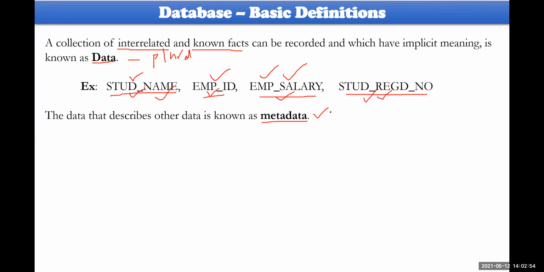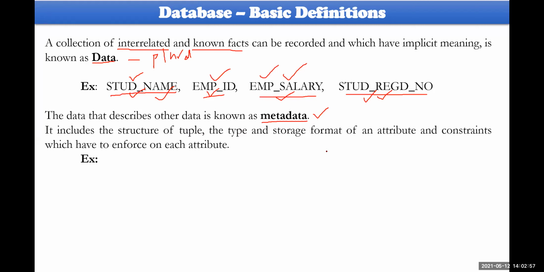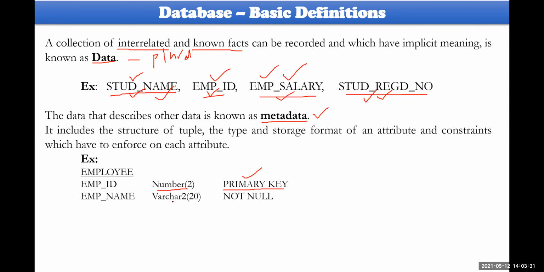For example, metadata will be seen something like this. Employee is actually our database name, and employee number. Look at this employee ID: it takes two numbers, say 02 or 99, and there is a constraint, a restriction imposed on that employee ID. We don't know what this primary key is as of now. We'll come to know about this primary key probably after some 5 to 6 classes. However, employee name can take all characters and must not take any null values.